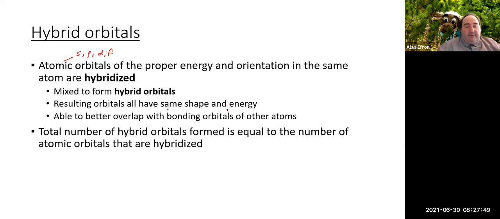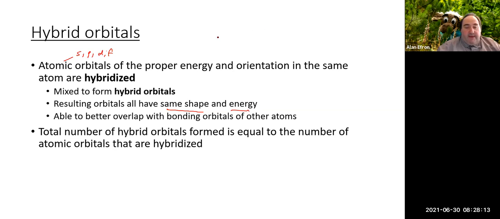So instead of trying to mix a p orbital, a figure 8 shape and a little different in energy, with an s orbital, which is spherical and lower in energy, we mix them together and create hybrid orbitals that are all the same shape.